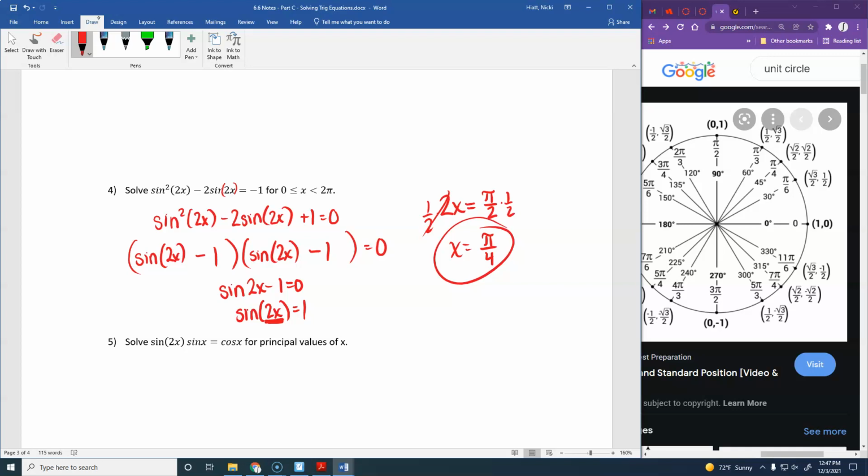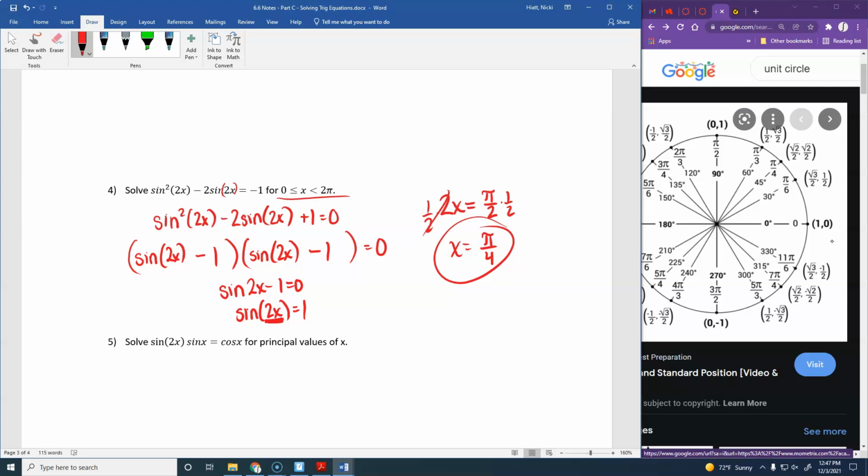Now, here's a trick with this. They asked us to look at the whole unit circle. Is there anywhere else on the unit circle that sine equals 1? It's only right here, because down here it equals -1, right? So that's the only place on the unit circle. But in general, whenever you've got a 2x right here, you need to look at twice the area that you normally would look at.